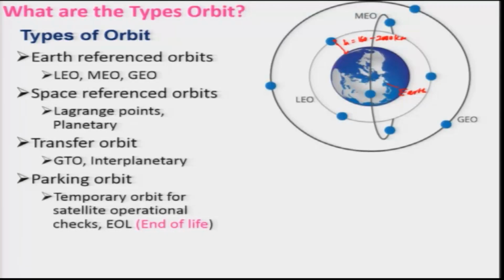That means the aerodynamic drag for a satellite placed beyond 300 kilometers will be very, very less. The advantage of low Earth orbit is that it requires less energy to be placed on this orbit, and it is generally used for weather prediction, communications and other things.